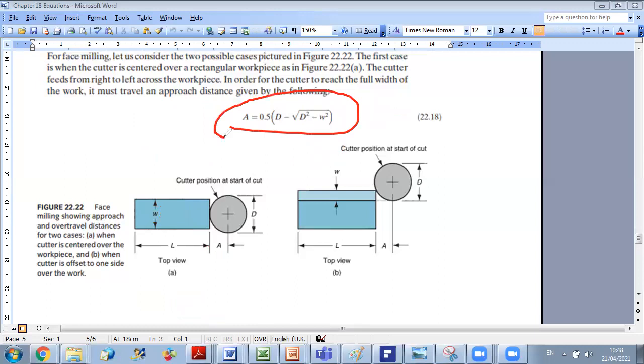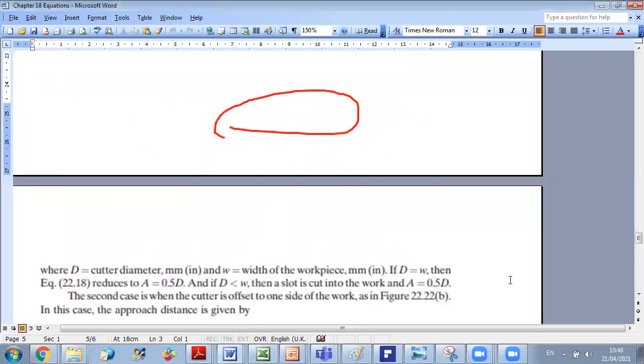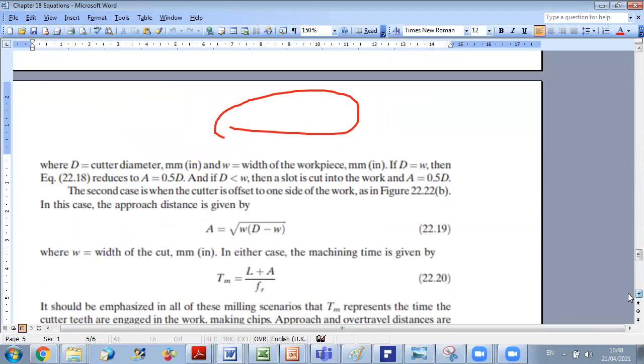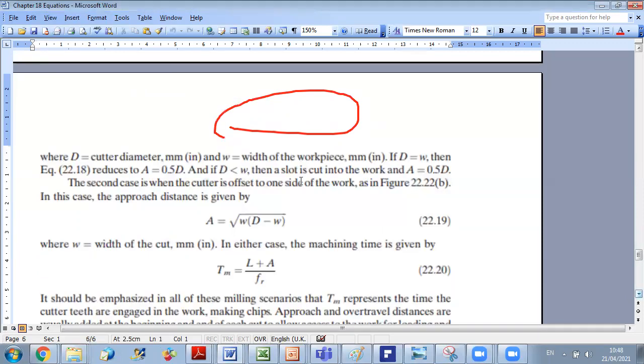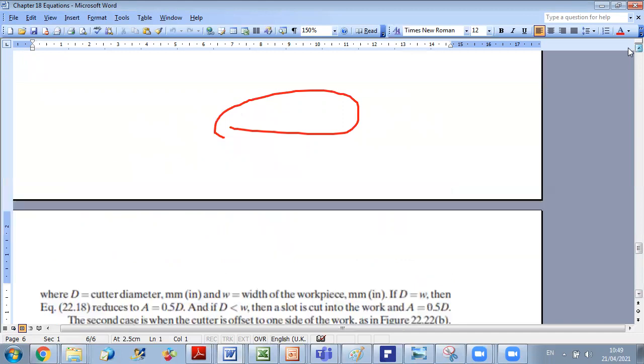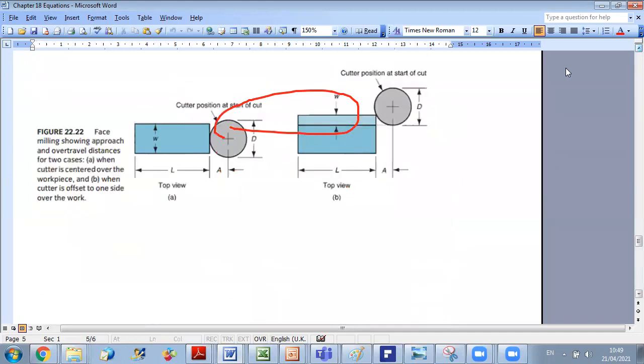Okay? Now, in case D is smaller than W, then we need another formula. Okay? So what will happen if D is smaller than W is that we will do a slot in the work part. So imagine in the figure here that this is your work part.